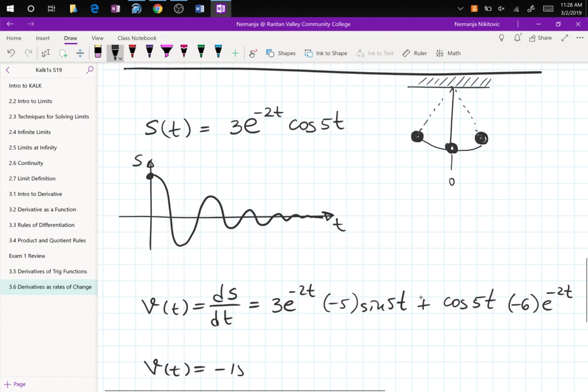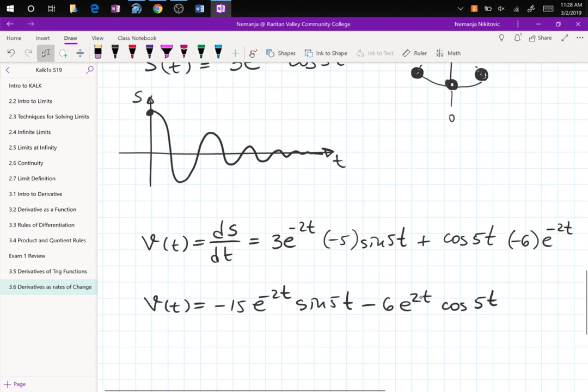So now your velocity will be negative 15e to the negative 2t sine 5t minus 6e to the negative 2t cosine 5t. And we can factor out negative 3e to the negative 2t, leaving us with 5 sine 5t plus 2 cosine 5t.